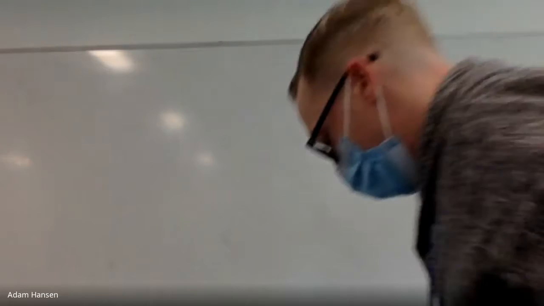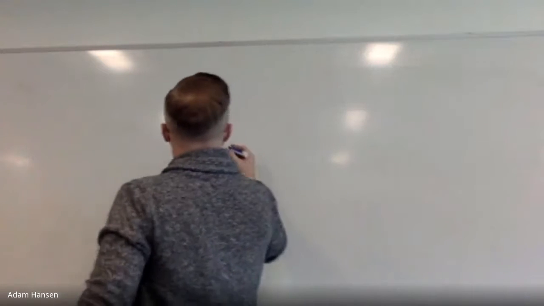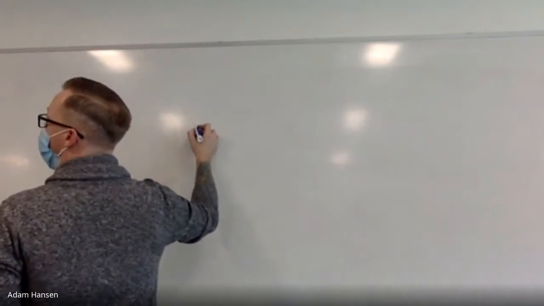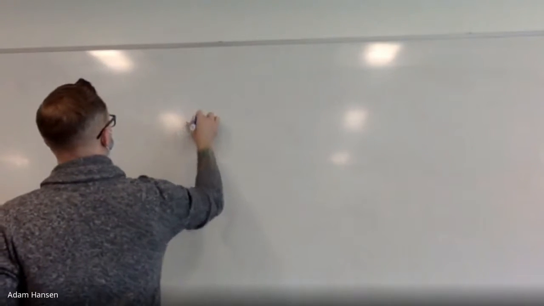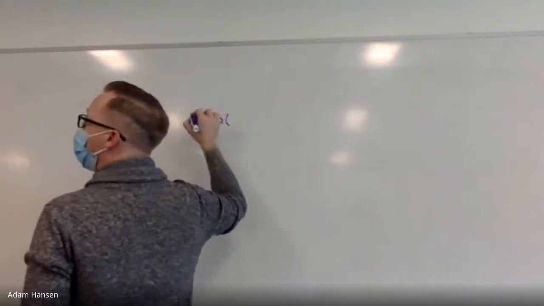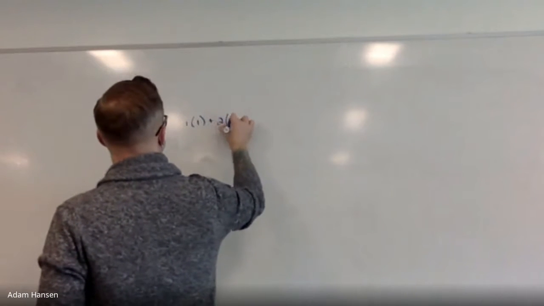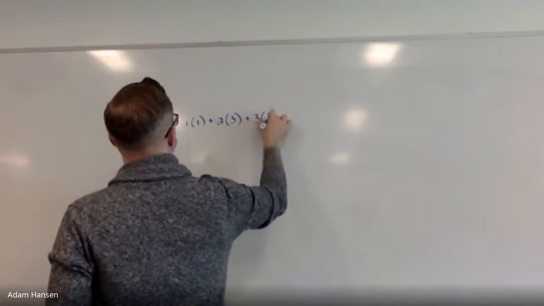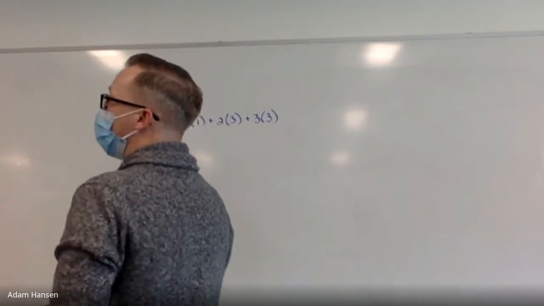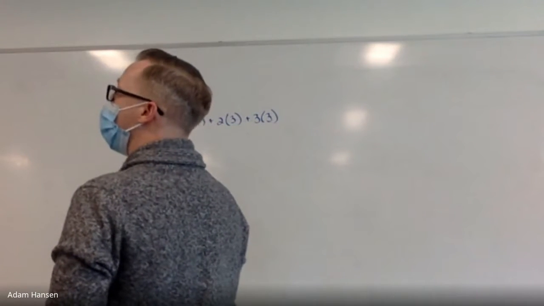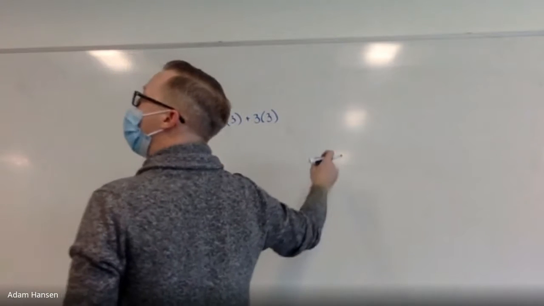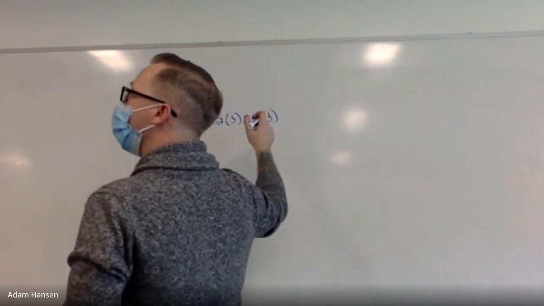Now, on the last one, part D, I want to find the expected number of puppies in a given litter. What is the average number of puppies per litter? So let's take 1 times 1, 2 times 3, and 3 times 3. Take the number of puppies in each of these litters times the number of times I had the puppies in those litters. 4 times 4 and 5 times 5.